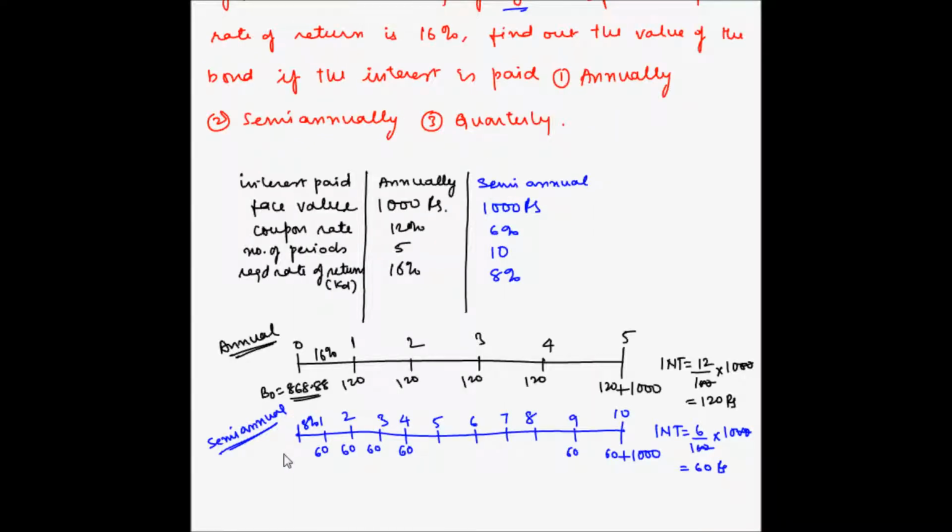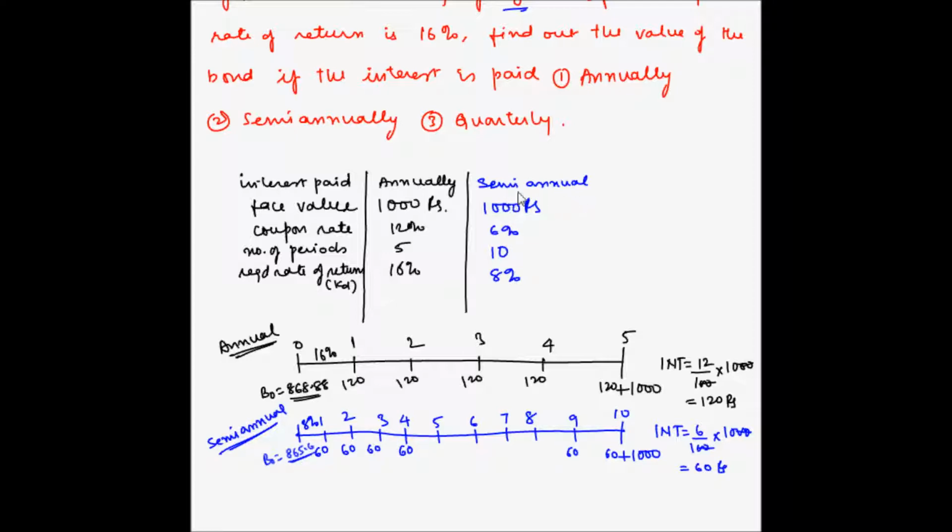So in case of semi-annual interest payments, the value of the bond B0 comes out to be 865.6. Earlier for annual we got a value of 868, so the value of bond has reduced.